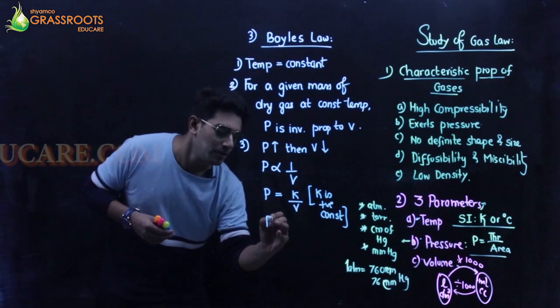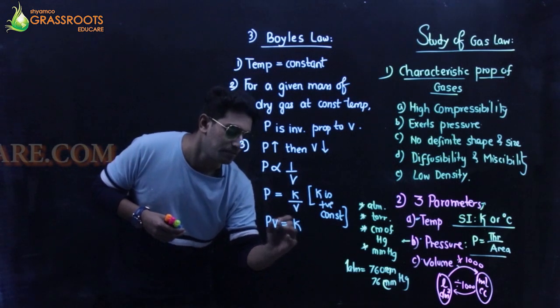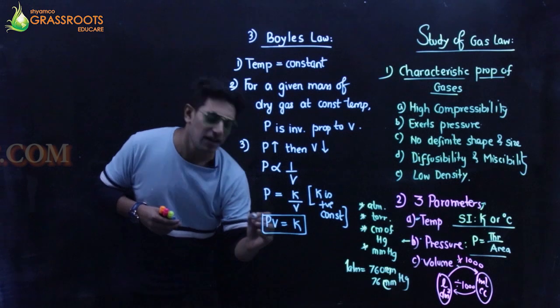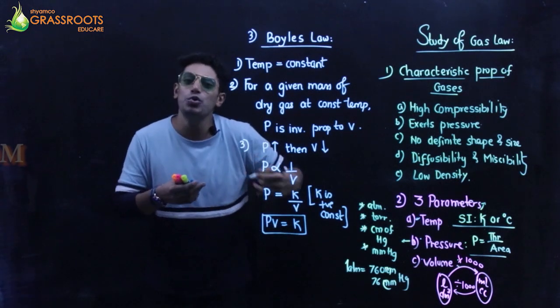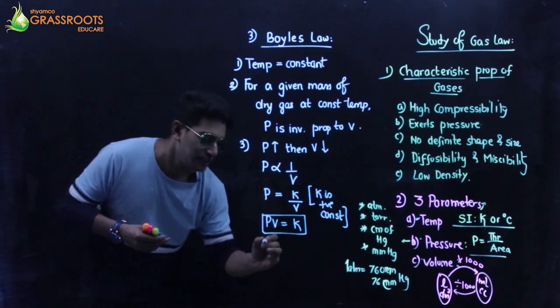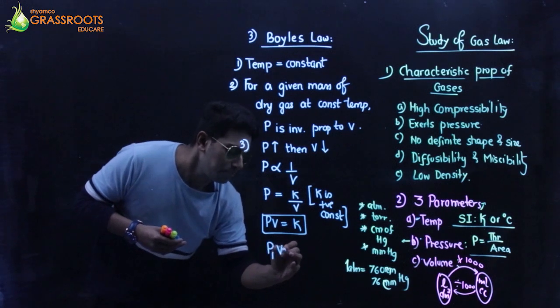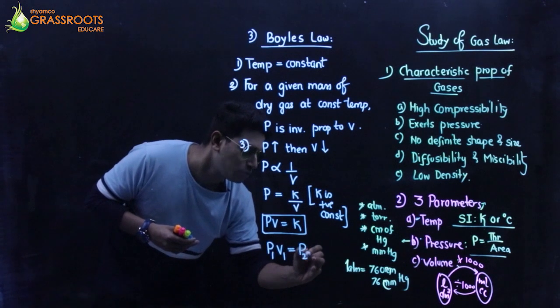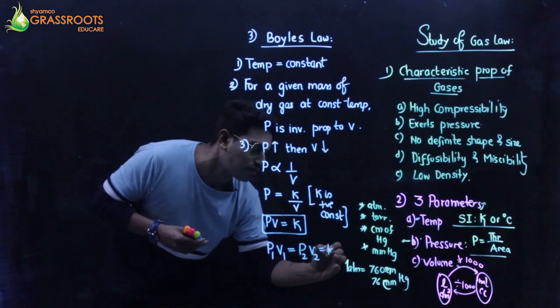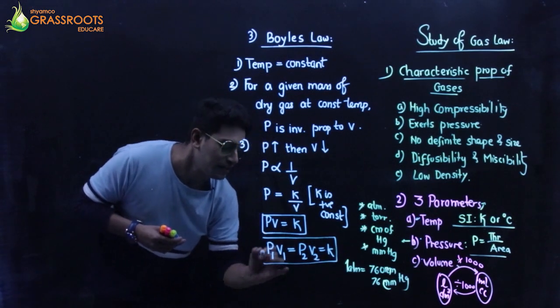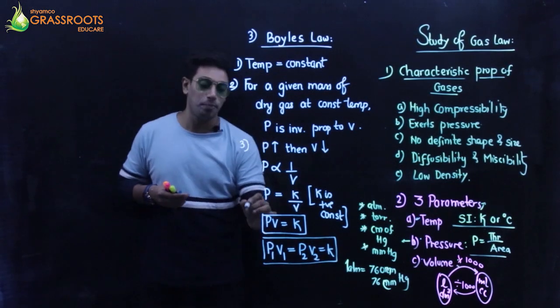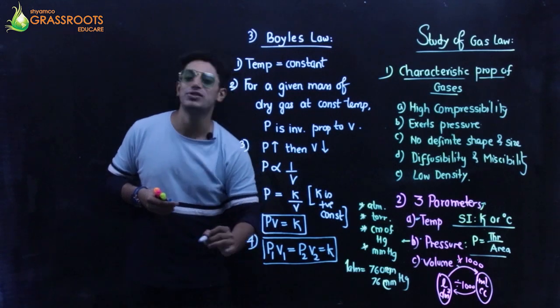Cross multiply. P into V is equal to K. That means if I take a gas under two different conditions, then we have the formula P1V1 is equal to P2V2, and that answer is going to be a constant, which is K. And this is the equation which we obtain from Boyle's law.